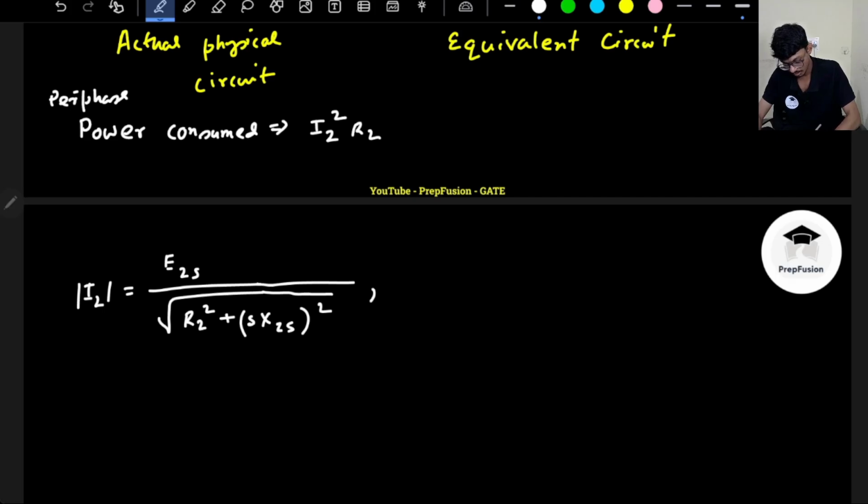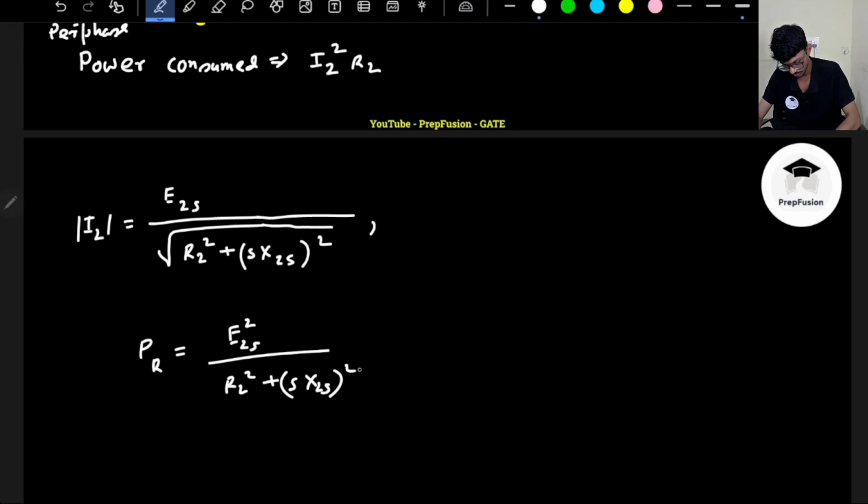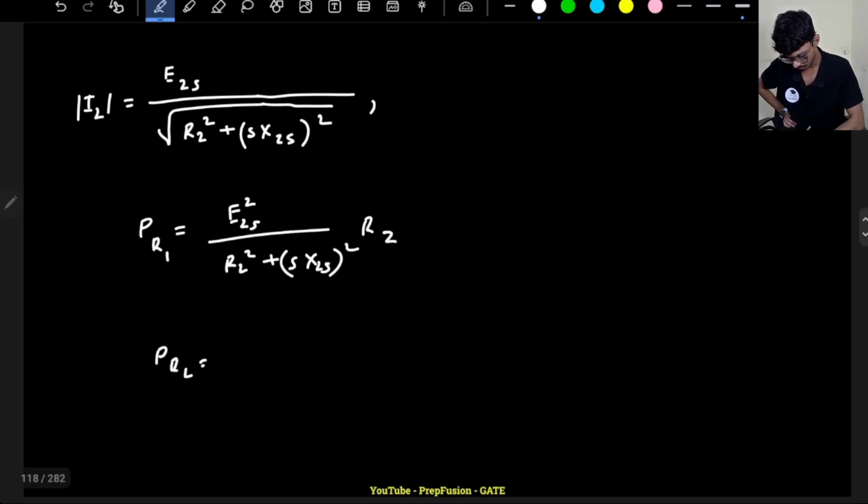And from here I can directly say what will be the power on the rotor side. It will be E2S whole square divided by (R2 square plus (S x2S) whole square) into R2, right? This is case 1.